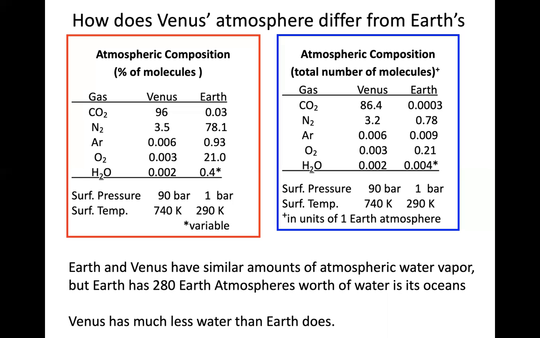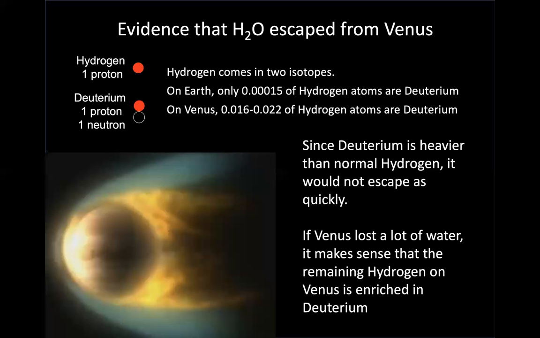It just has a single proton in its nucleus. So it is actually light enough that it can escape Earth or Venus's gravity. So the suggestion is Venus has lost its water somehow and thus lost its ability to turn its carbon into solid form. And there's actually evidence for this.